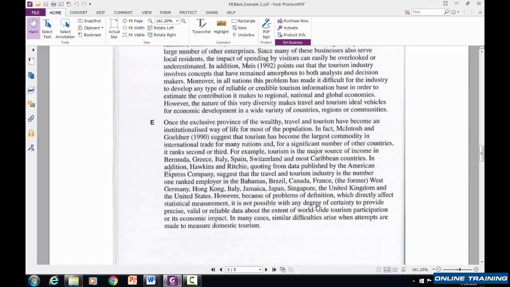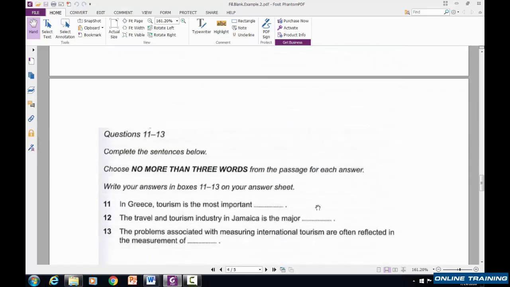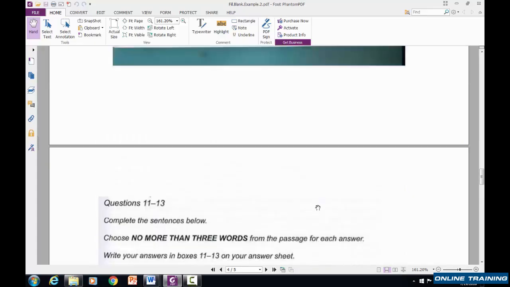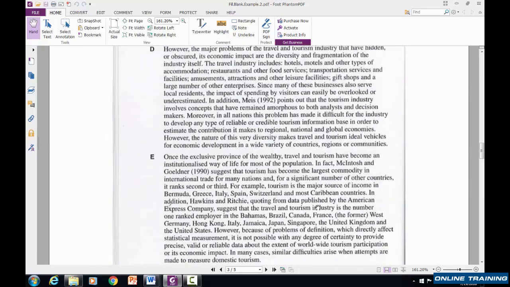So we're looking for language connected to major. Here it says the number one ranked employer. The language number one ranked is a synonym for major. So our answer is employer.